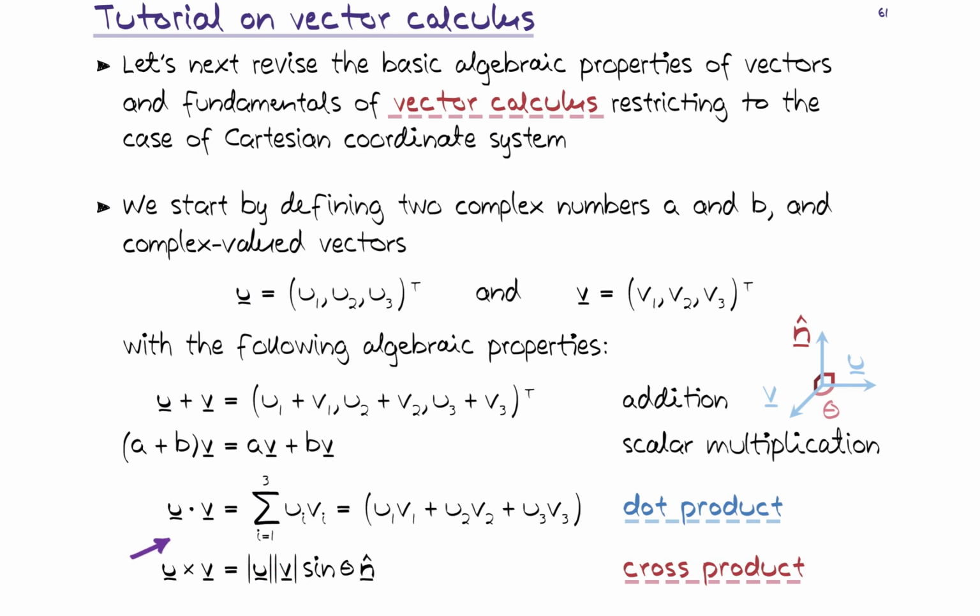A similar thing happens with the dot product: if the two vectors are perpendicular, then the dot product is always 0. This is nice because we have a geometrical interpretation of these two different products, and we use them all the time in vector calculations.